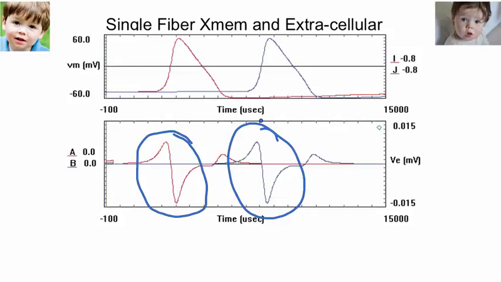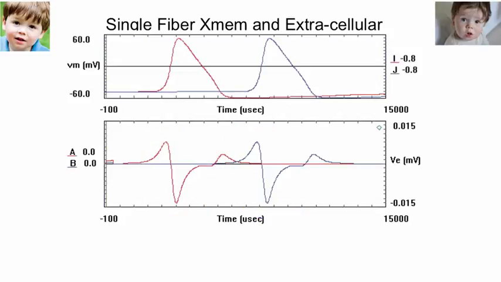They are displaced in time, one from the other. So there's this time interval between corresponding points that corresponds pretty well to what we see on the intracellular. So the extracellular reflects timing information just like the intracellular does, but the wave shape is pretty much altogether different.